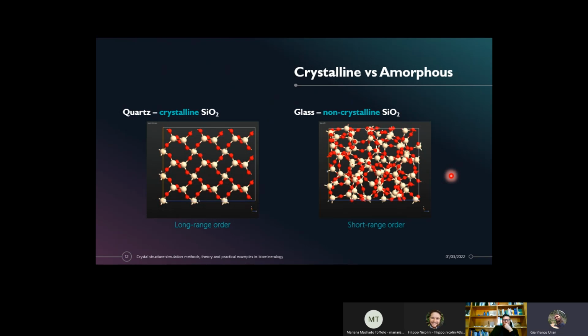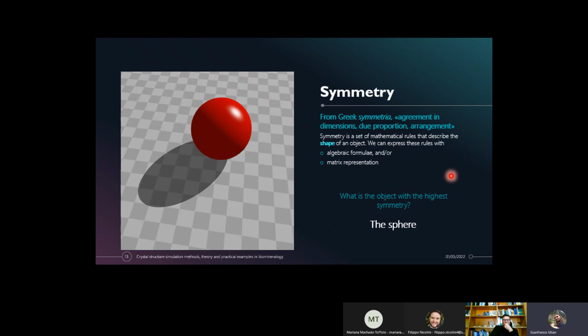So we have to introduce a further concept, that is symmetry. When we talk about crystals, okay, I showed you a prism, a cube, different polyhedrons. So this mathematical object can be constructed considering also symmetry.